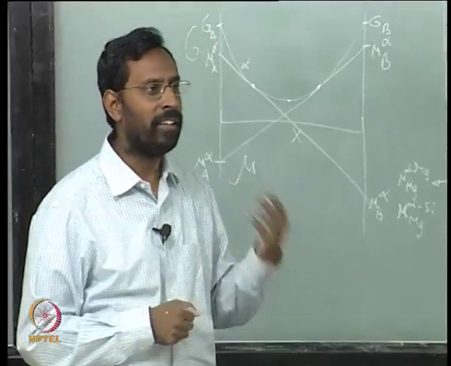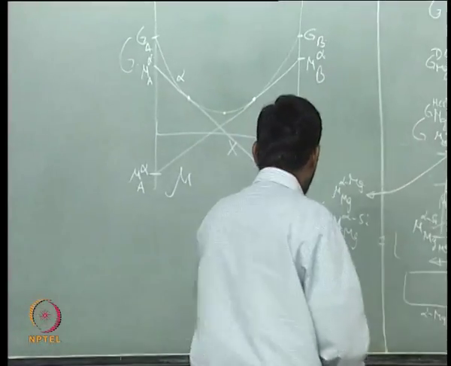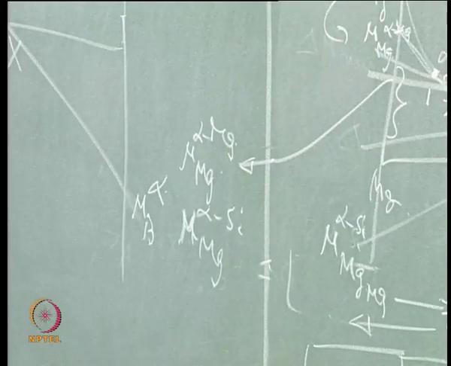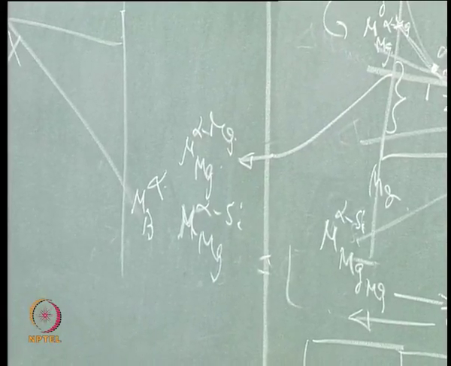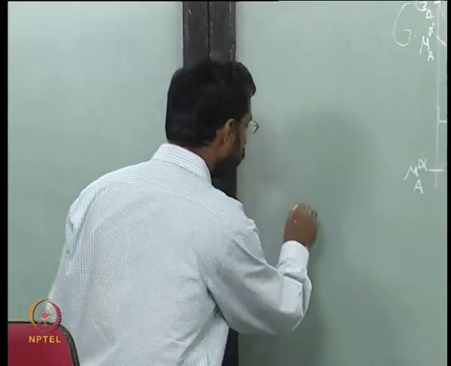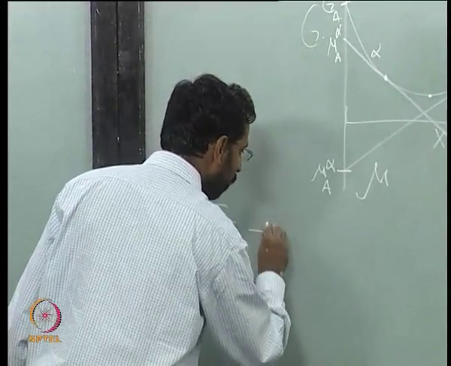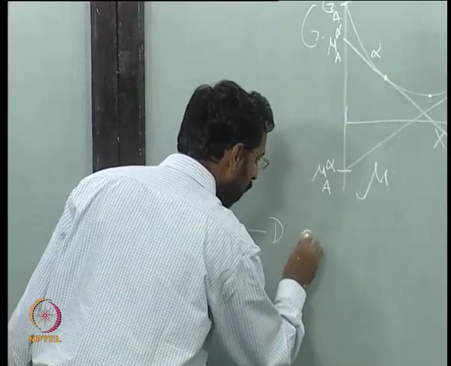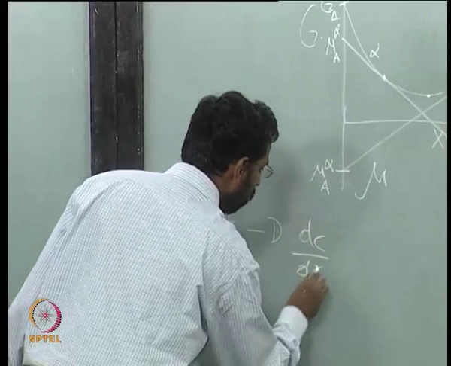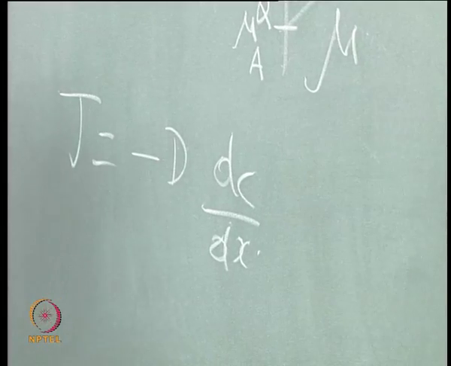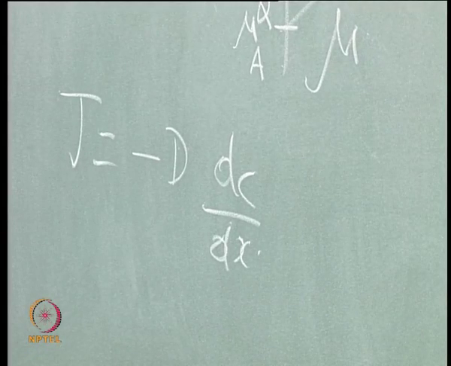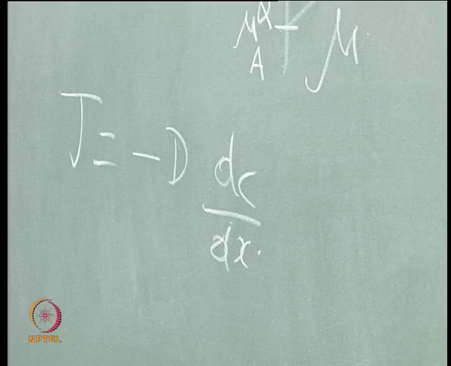That is the reason why, if you remember Fick's first law from long back, J equal to minus D dc by dx. All of you in one voice said dc by dx, actually it is not dc by dx.